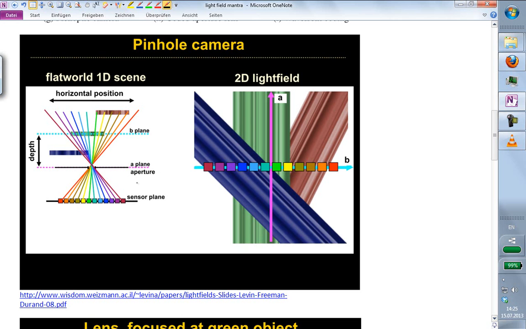In this case, the aperture has been put directly in the A-plane, and in a perfect pinhole camera, this aperture would be infinitely small. So we know that all of these rays have the same A value, B value.